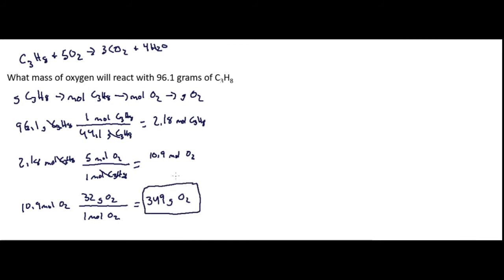But let's say instead of trying to solve for oxygen, we were solving for the mass of CO2. So we already know the moles of propane. So let's write that out. And then we reference the chemical equation again.